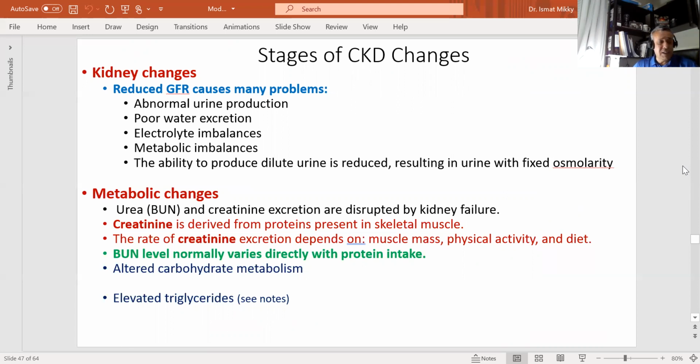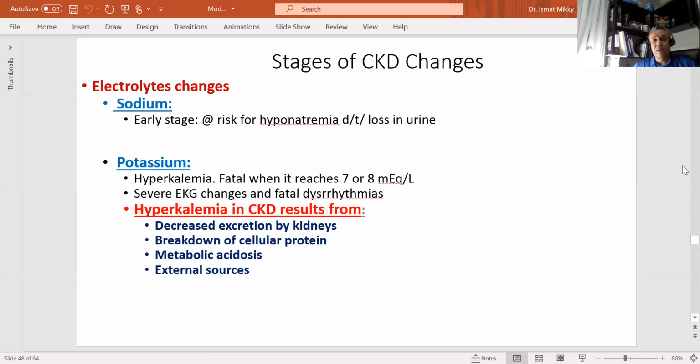So these slides explain the resultant manifestations of kidney failure.